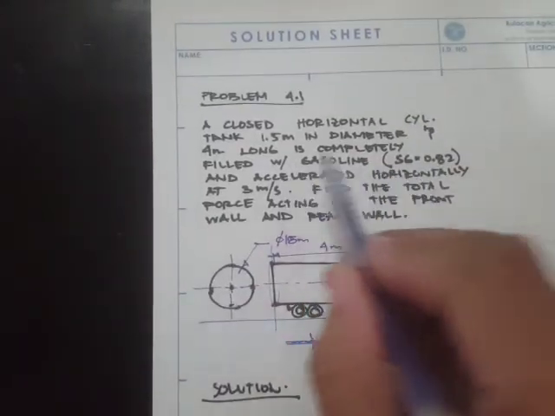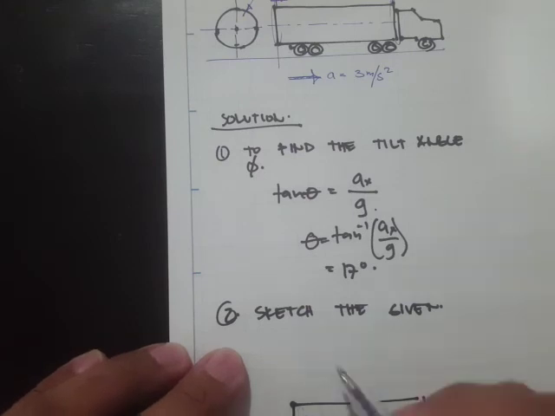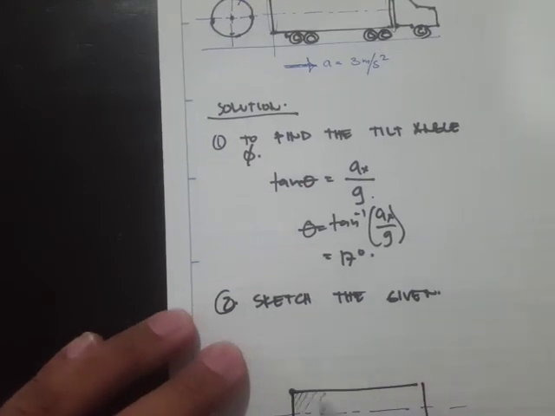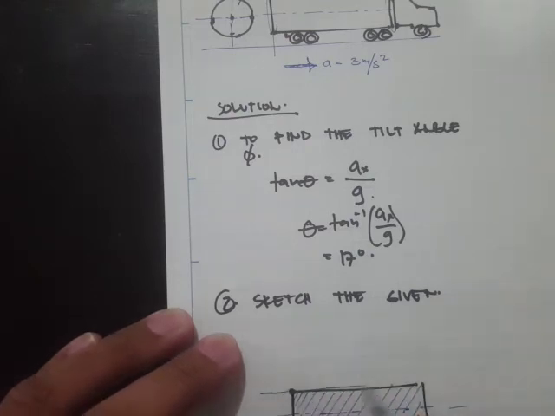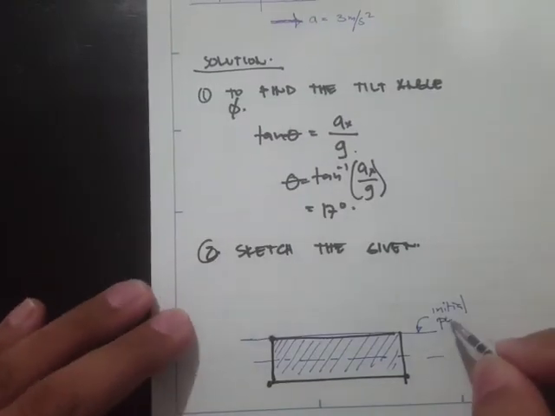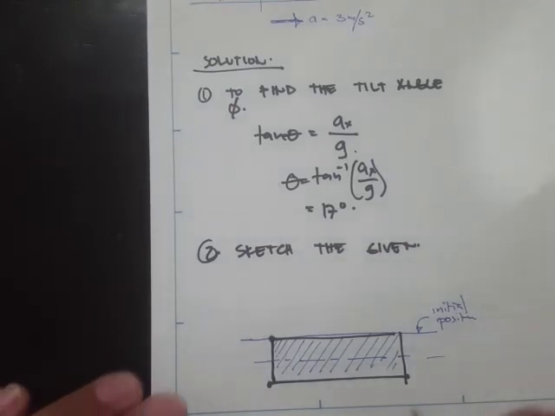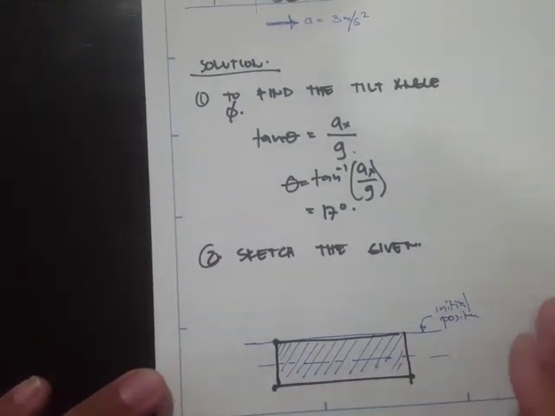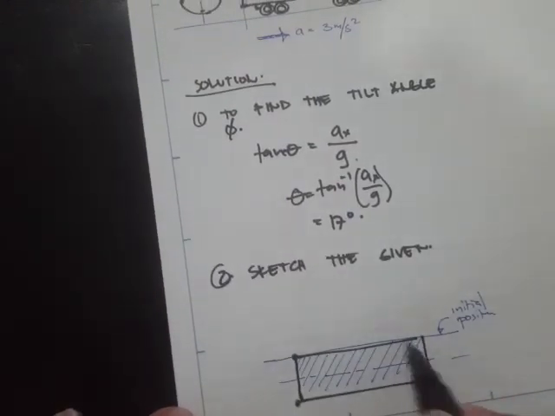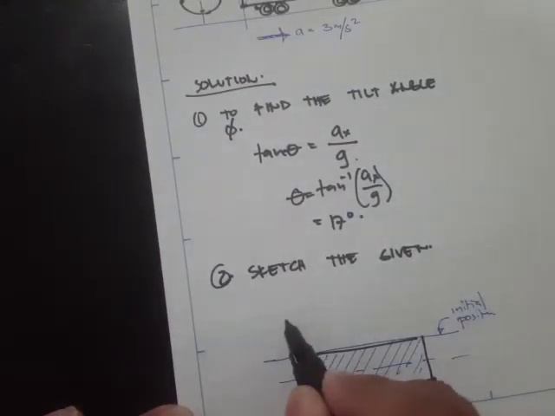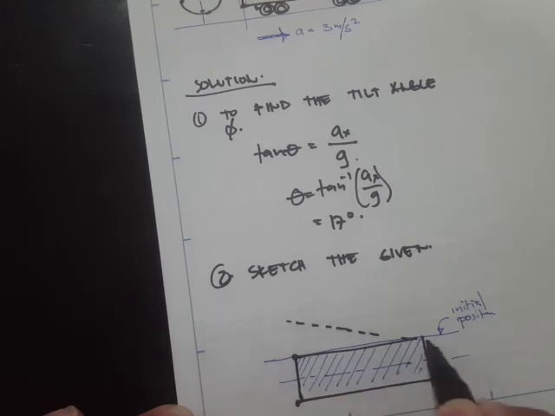Right, from the problem it says it is completely filled. So in other words, the level of the fluid is up to this point. Initially this would be the rest position, or initial position. Because of the acceleration, we will have a tilted position.